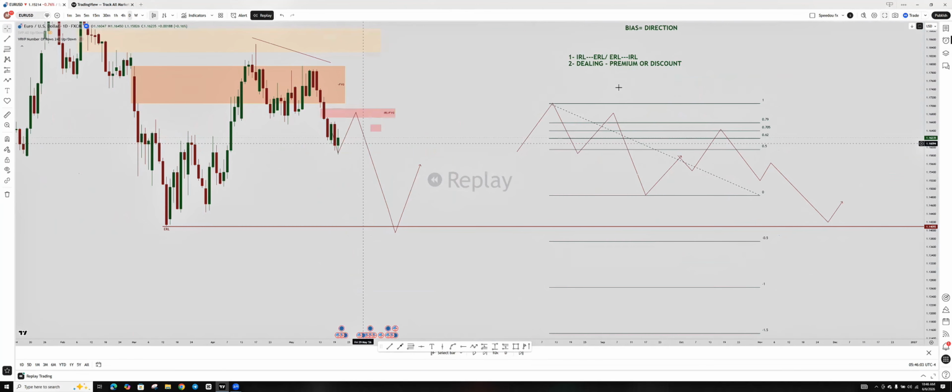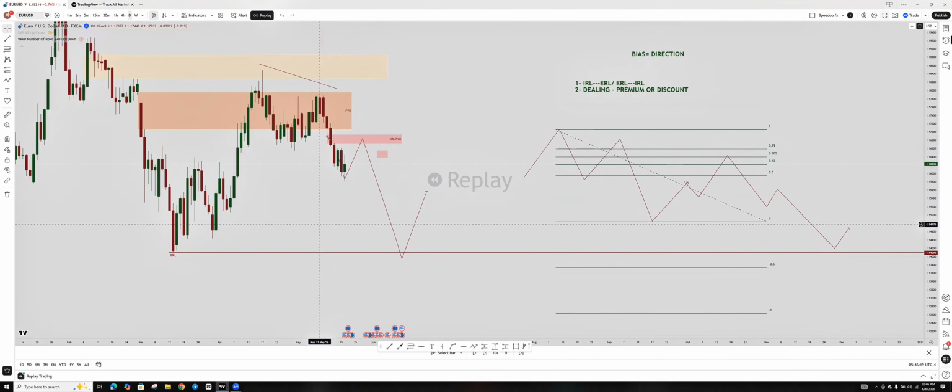As I said, the first method is to identify an internal and external range liquidity. We have all these liquidities, this sell side, and this external range liquidity, right? And then you can see, since we are looking for sell, we are bearish, we have this fair value gap. And this fair value gap is our internal range liquidity, and this is our external. So as I said, price always moves from internal to external or from external to internal.